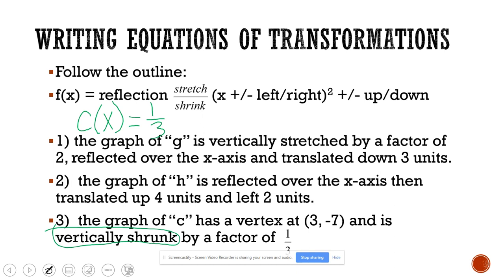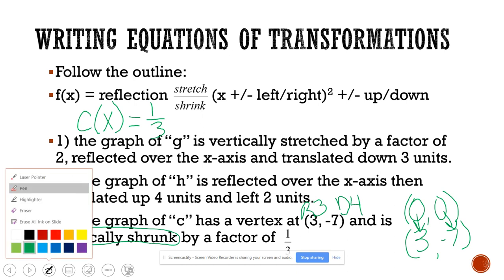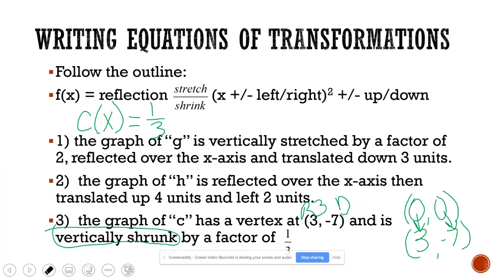I don't have that, but I have this vertex at 3, negative 7. So remember, the vertex starts at 0, 0. And then it moved to 3, negative 7. So what direction did it have to go to move to positive 3? And that's a right 3. And then what direction did it go to get to negative 7? That would be a down 7.